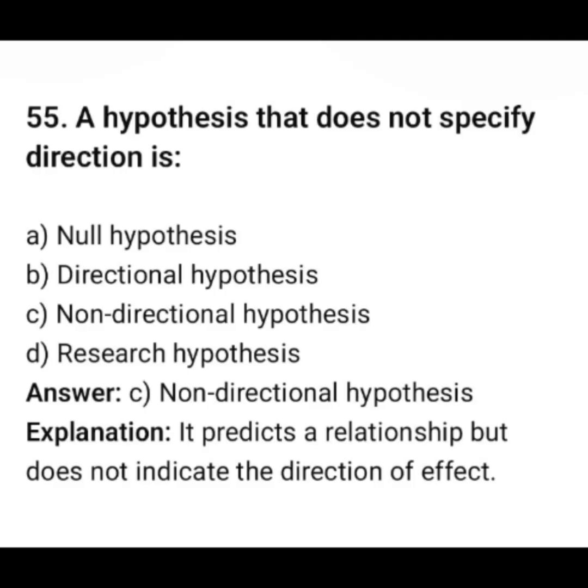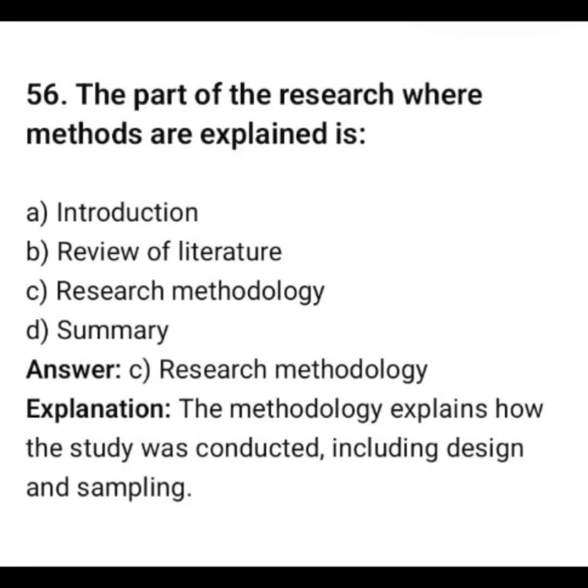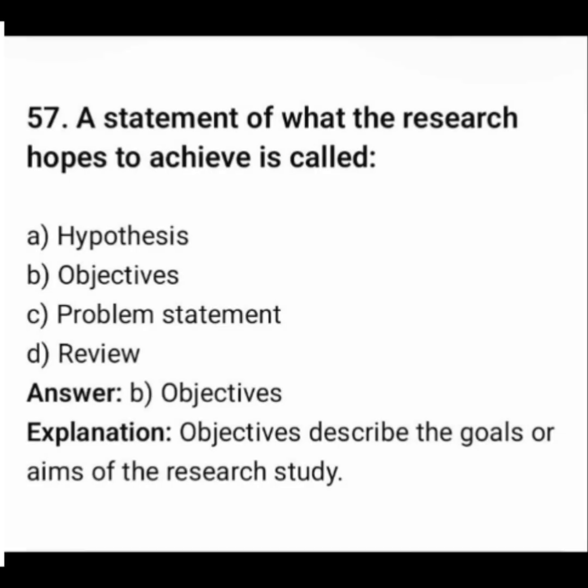The correct answer is option C, non-directional hypothesis. It predicts the relationship but does not indicate the direction of effect. The part of a research report where methods are explained is: introduction, review of literature, research methodology, summary. The correct answer is option C, research methodology. The methodology explains how the study was conducted, including design and sampling.